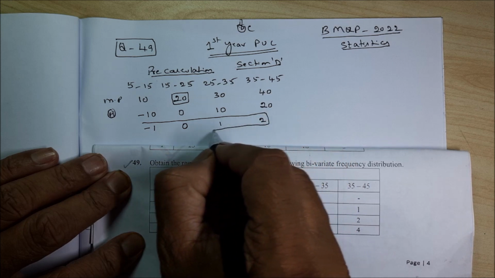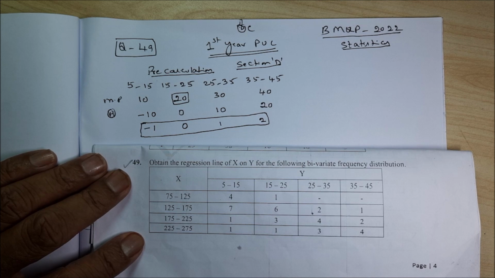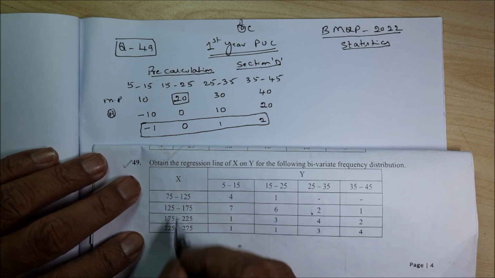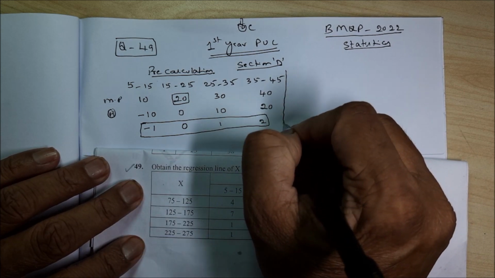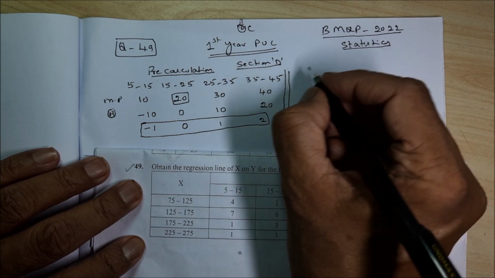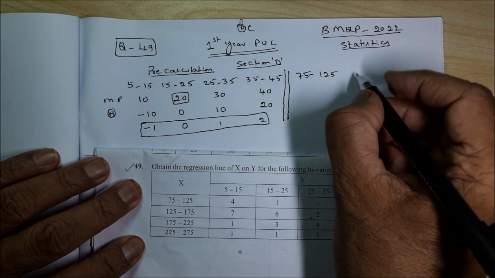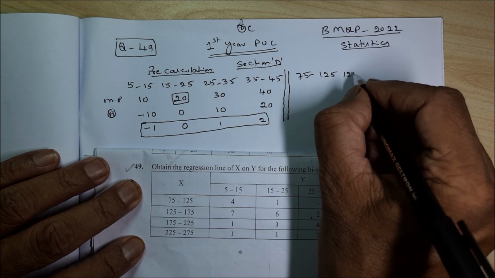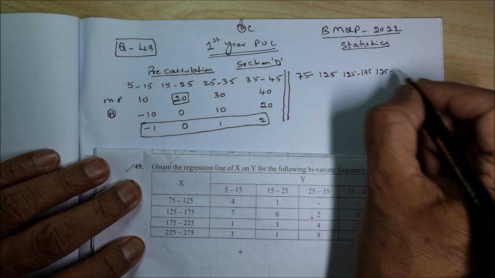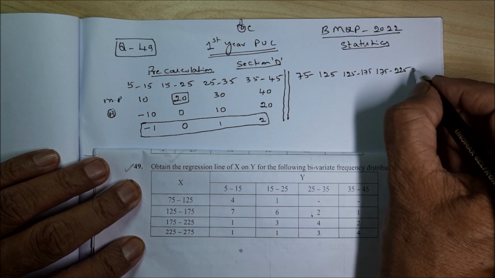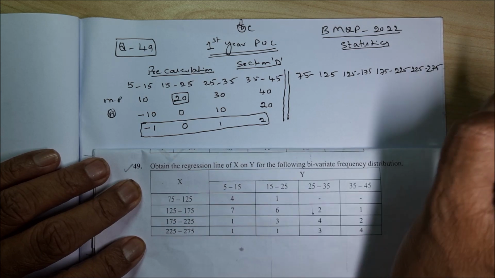You do this calculation. This is very important. In the similar fashion for the other one, which is 75 to 125, 125 to 175, 175 to 225, 225 to 275.